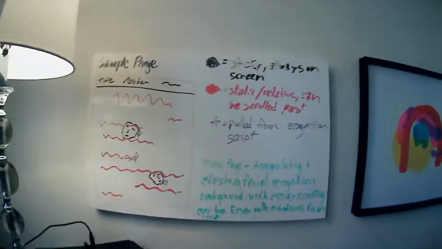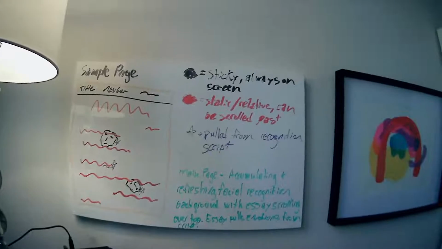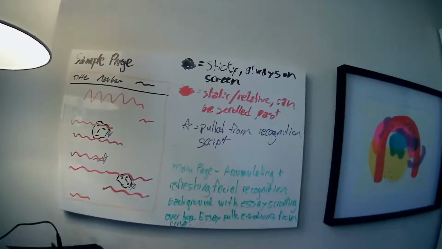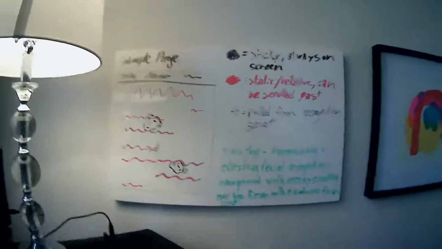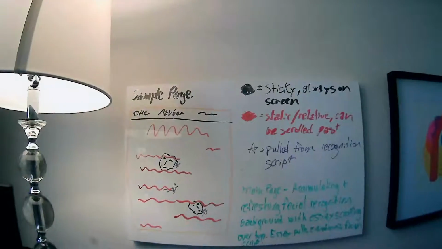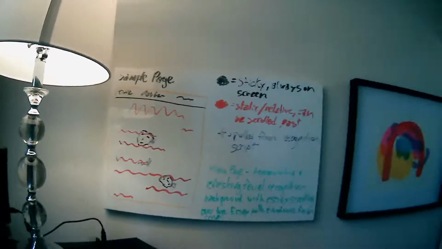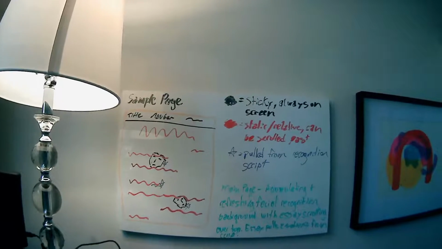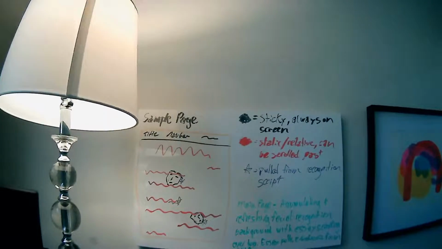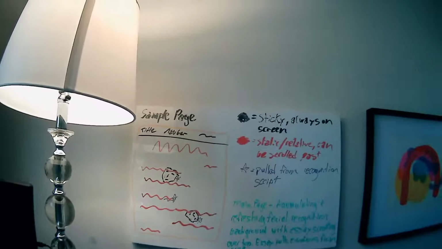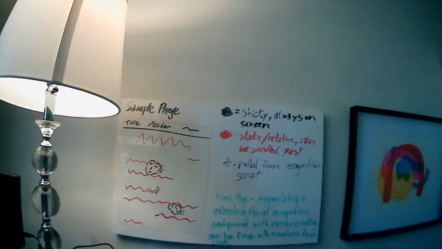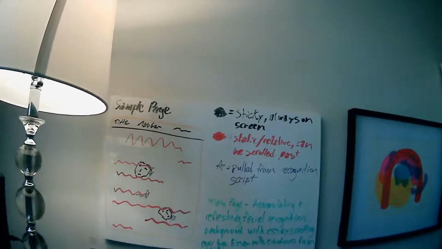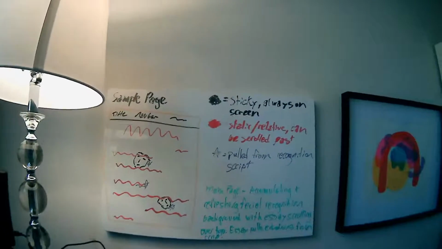So this is a very, very rough little sketch of what it is I'm actually thinking about doing for the residency, which is basically, you can see on the left-hand side, I've got this sketch of a website which will have static text that you can scroll up and down, and that there will be these live wireframe versions of faces that stay even as you scroll the text, and that some of the text will actually be generated from scripts running in the background.